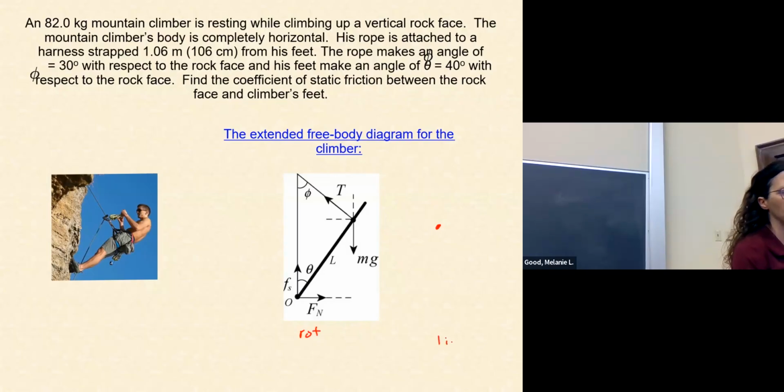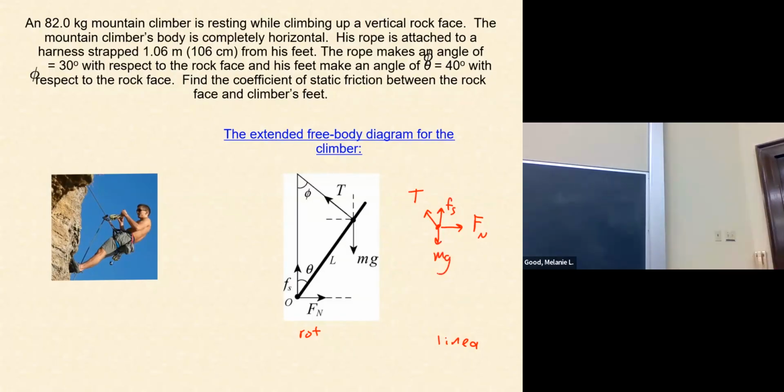For the linear picture, I really don't want to have to think about where it's being applied. I want to just put them all in the same place. So I can draw the tension here. I can draw the normal force here. I can draw the friction force here. And I can draw the weight force here. And that's my regular free body diagram. So I've done the first step in my acronym, 2 diagrams, free body diagram and extended free body diagram.